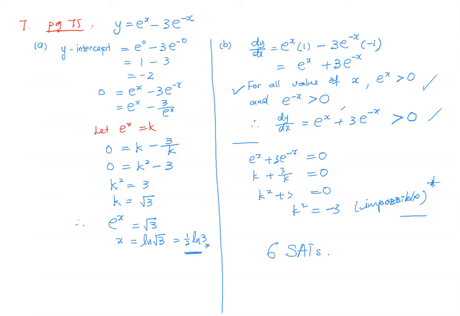Can someone tell me the approximate value of half ln 3? 0.5 something, correct? So this is approximately 0.5493.